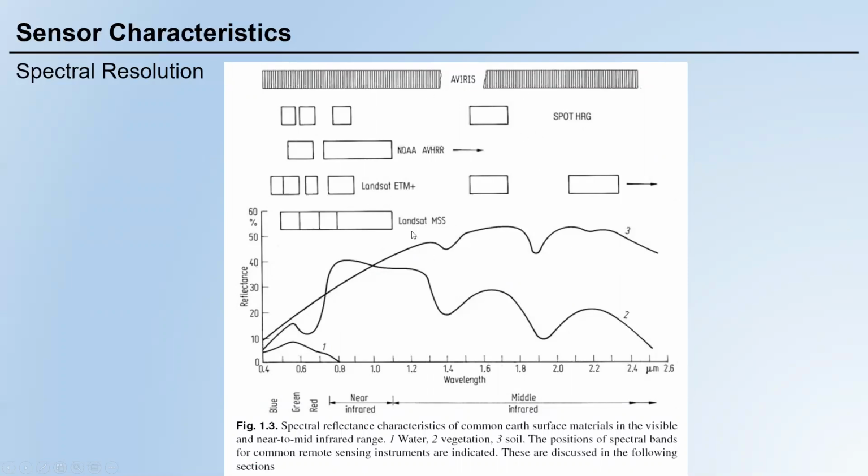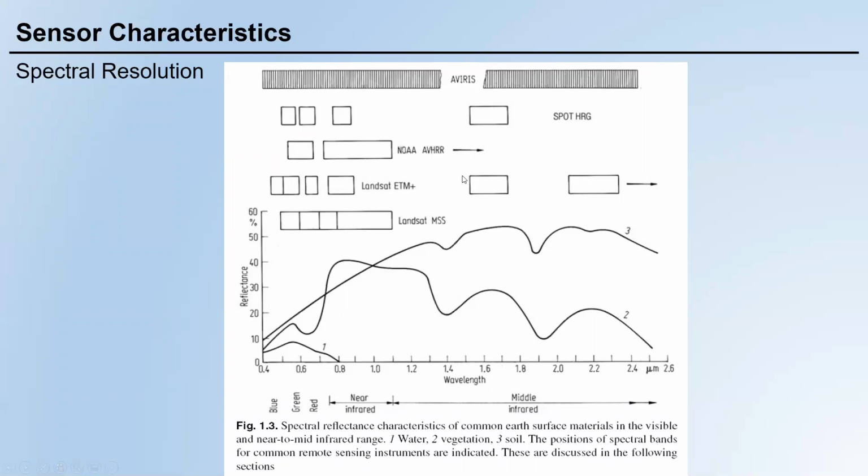Now we have different sensors on the top. Landsat MSS, we have 1, 2, 3, 4 bands, and the last one is pretty wide, right? So MSS can only capture the signature of these curves from here to here with 4 bands, each one very wide. Landsat ETM Plus is better, 1, 2, 3, 4, 5, 6 bands.